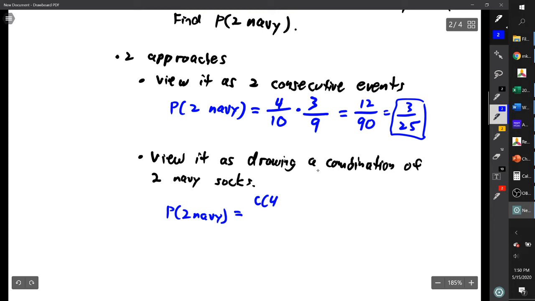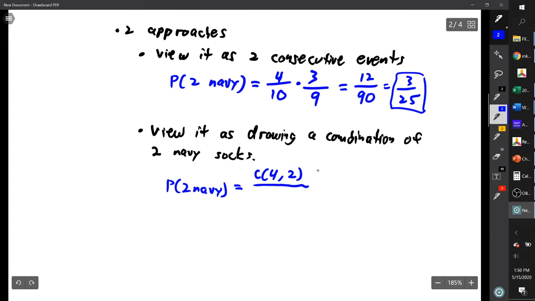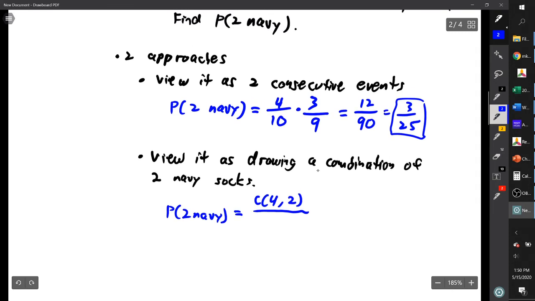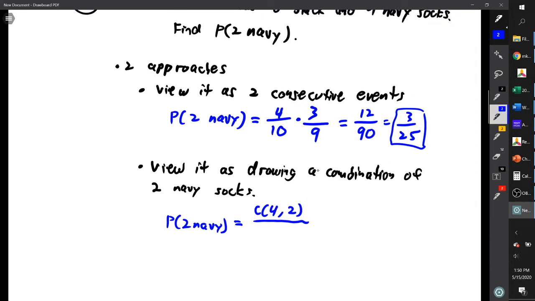Well, that's combinations of 4 navy socks taken 2 at a time. And then the total number of possible outcomes is the total number of different groups of 2 that we can form out of all 10. So a combination of 10 items taken 2 at a time.